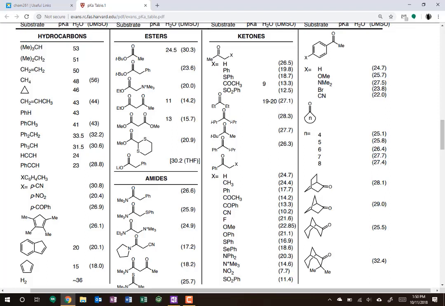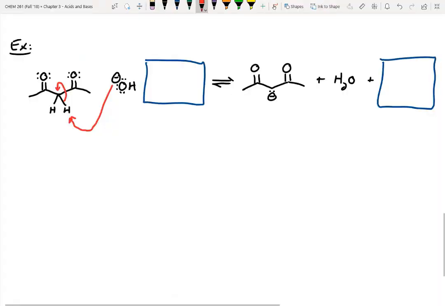That's not what we're looking at. What if it's a phenyl group? Not looking at that. What if it's a sulfur? Not looking at that. All right, what if it's a COCH3? In that case, that's exactly what we're looking for. So in this case, we're looking at something that has a pKa of 9, right? So let's go ahead and plug that in and say pKa of this is going to be about 9.